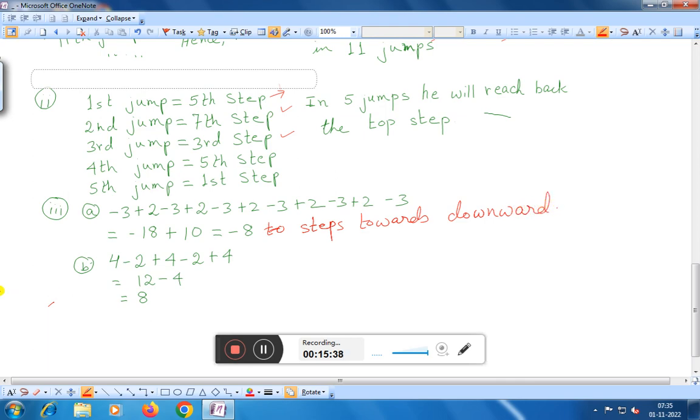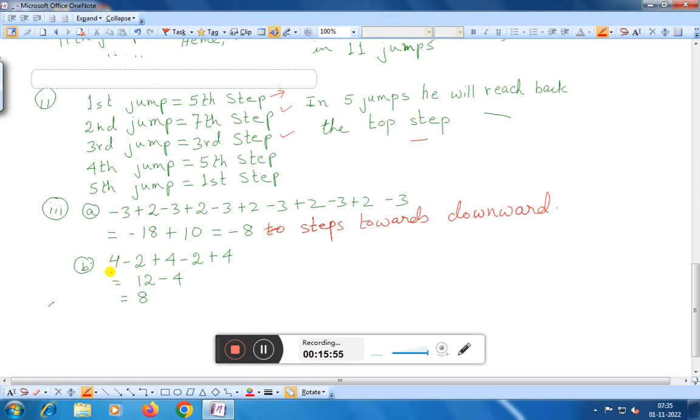And here you see in question B, in the upper direction 4 and in the backward direction 2, that is 4 minus 2. He goes in 5 jumps, he'll reach back the top step, right?